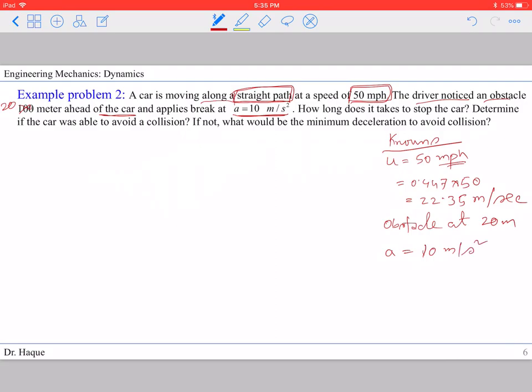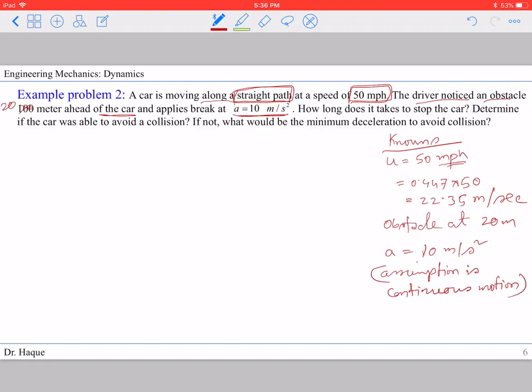Since acceleration is constant at 10, the assumption is continuous motion. Therefore, we can use all four formulas that we derived in our previous class, and hopefully it will be much easier and avoid integration and differentiation to solve the problem.